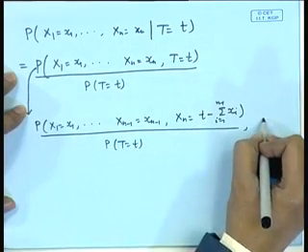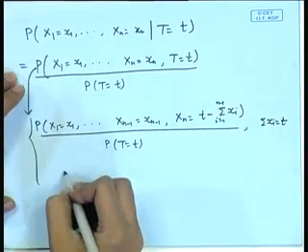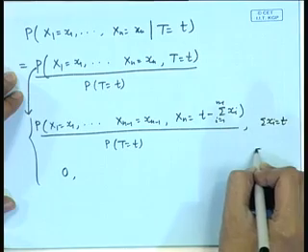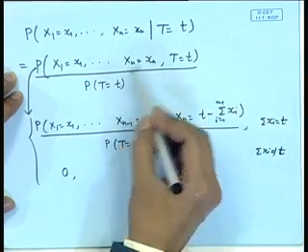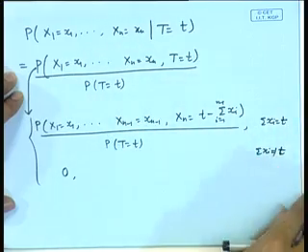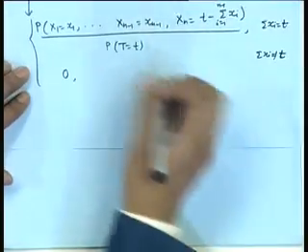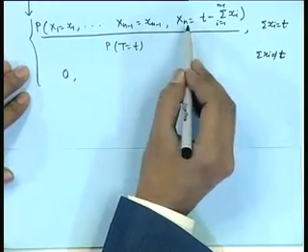This is valid if sigma xi is equal to t, otherwise it is defined to be 0, because it is conditional on T. So, for every value of t we have to determine this. Now, the numerator quantity can be determined because x1, x2, ..., xn are independent Poisson lambda variables.